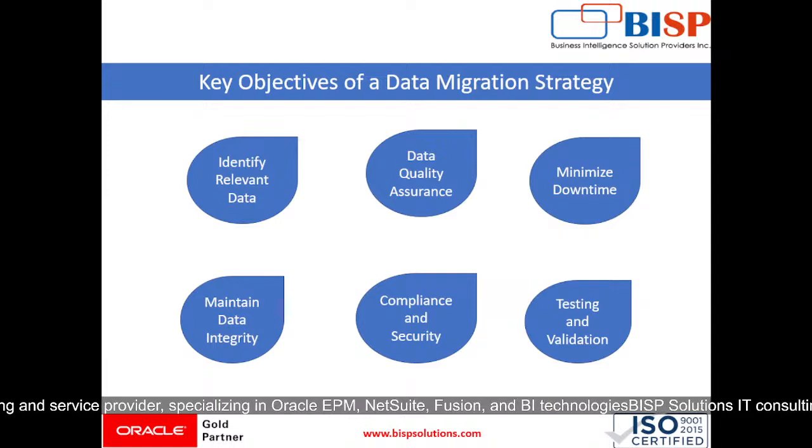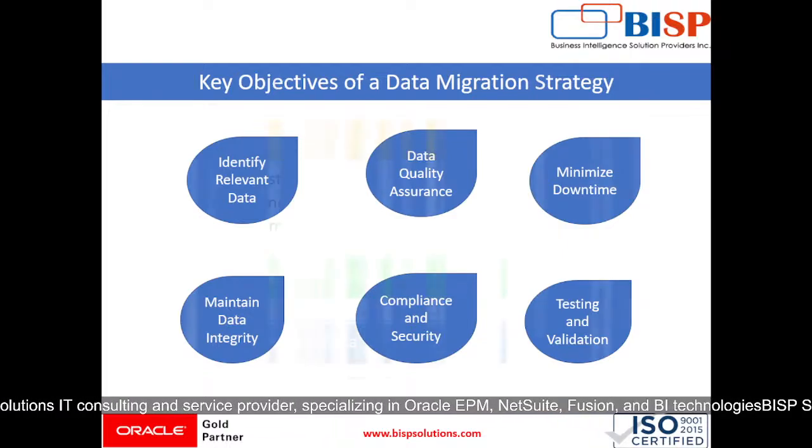Then comes compliance and security, where we will be protecting sensitive data and adhering to legal requirements during the transfer process. Then comes testing and validation, where we will be testing the migrated data to verify its correctness and usability in the new system. So these are the key objectives of a data migration strategy.